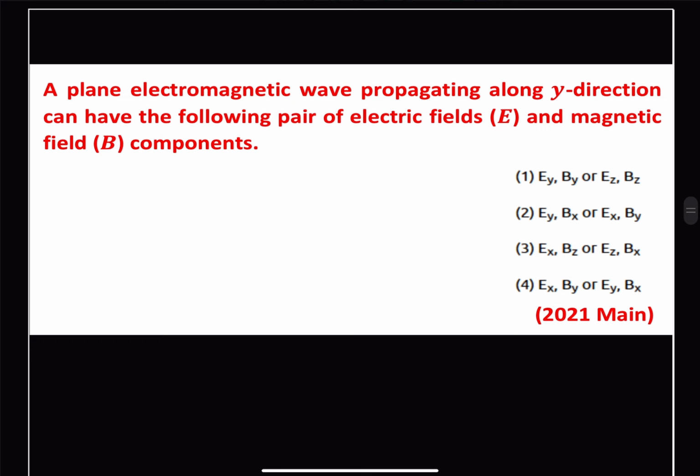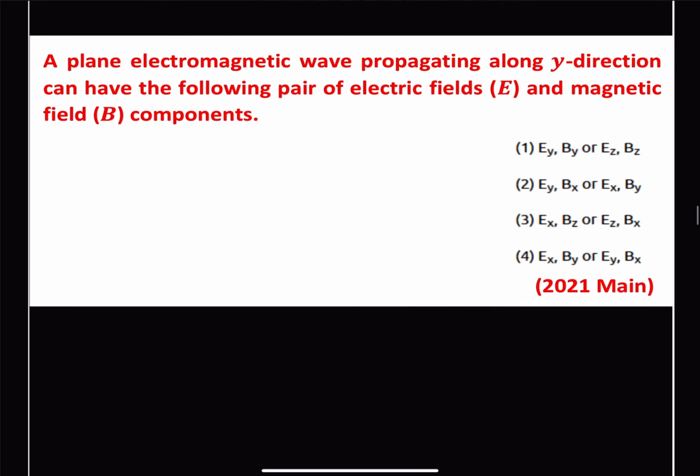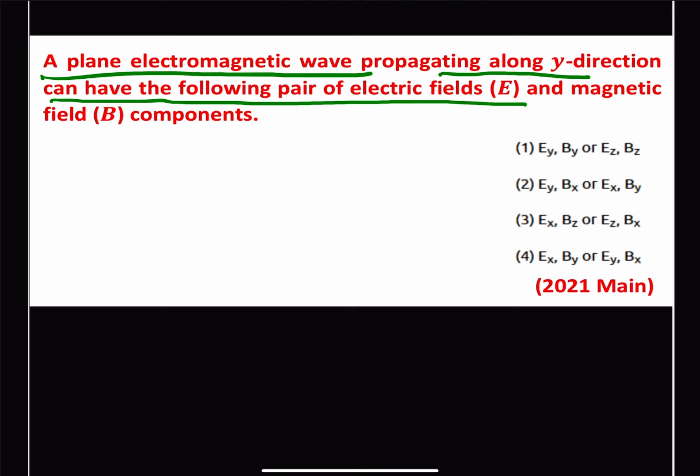It states that a plane EM wave propagating along the y direction can have the following pair of electric field and magnetic field components. So we have to find out, if the wave is propagating along the y direction, what will be the combination of our electric field as well as the magnetic field.